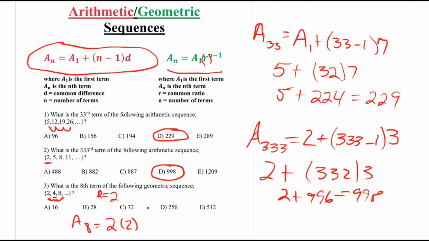To the n minus 1 power, which would be the 8 minus 1 power, because only the 2 is to the power, it'd be 2 times 2 to the 7th power, which 2 to the 7th power is 128, and 2 times 128 equals 256. Answer choice also D.